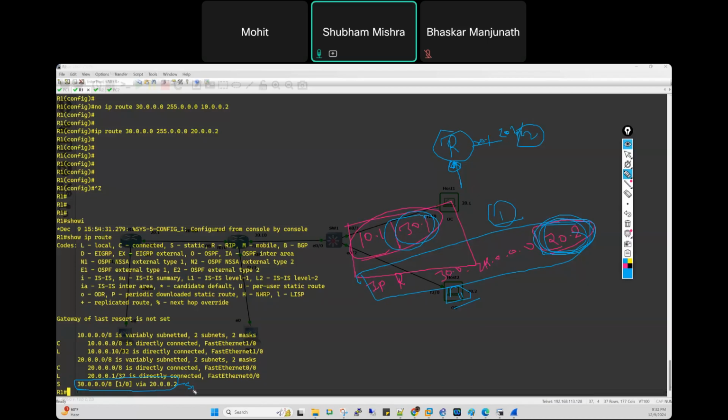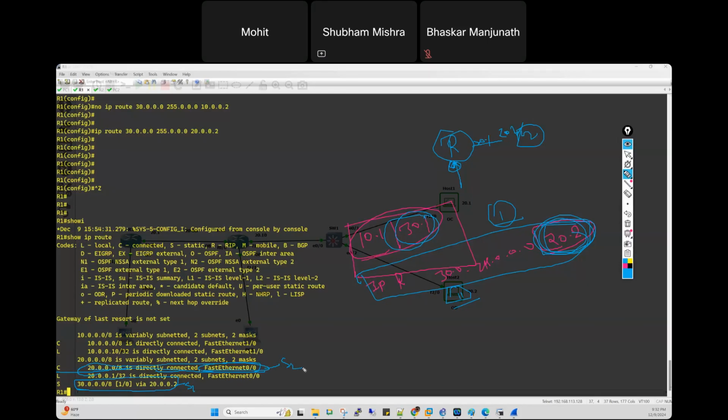If I need to reach the 20 network, from which interface do I need to forward the packet? Are you getting my point? Yes or no? Understand? Router checks this information. According to this line, the 20 network is directly connected on which interface? FastEthernet 0/0.